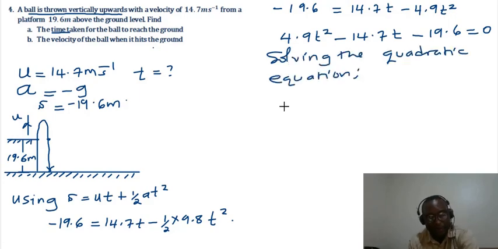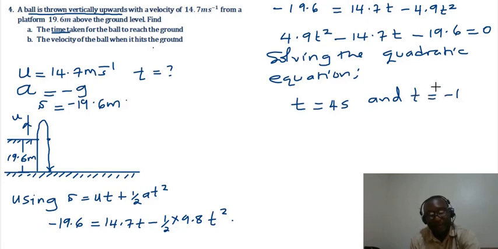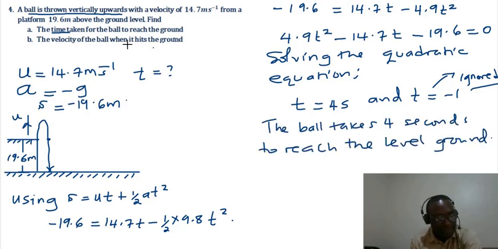Now, since you are students of advanced level, you will have to solve that quadratic, and you'll end up with t being equal to positive 4 seconds and t is equal to negative 1. Now, we cannot have negative time, so therefore this one is going to be ignored. Okay, so now the time taken for this ball to move from this point of projection to the level ground is 4 seconds.